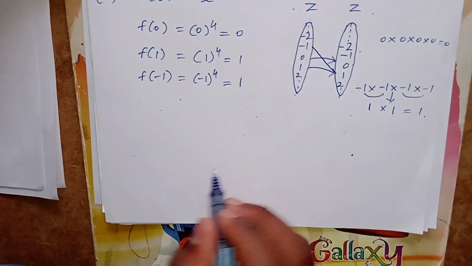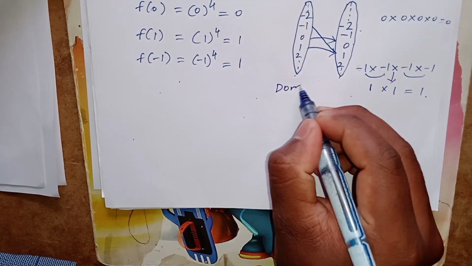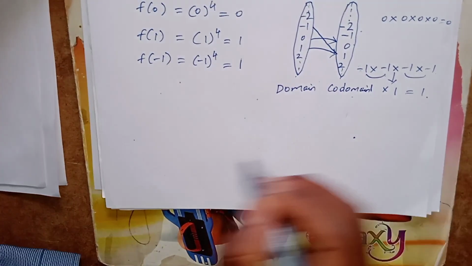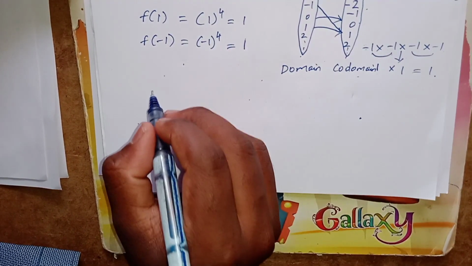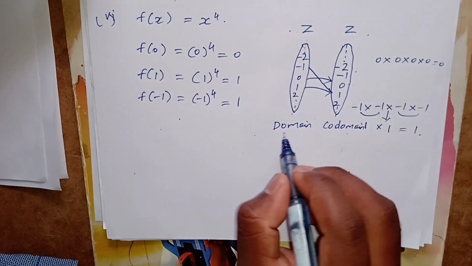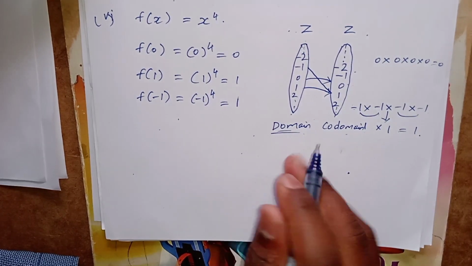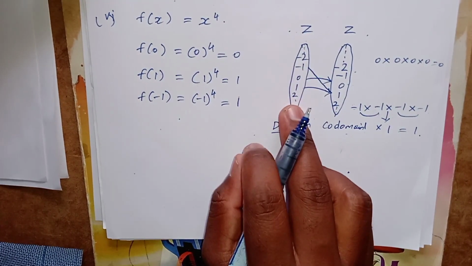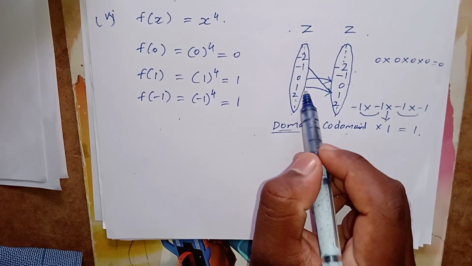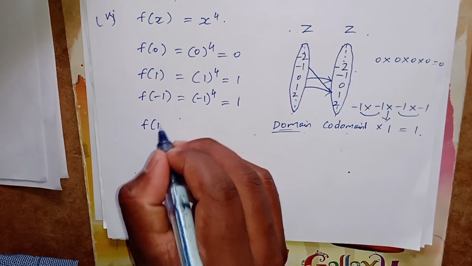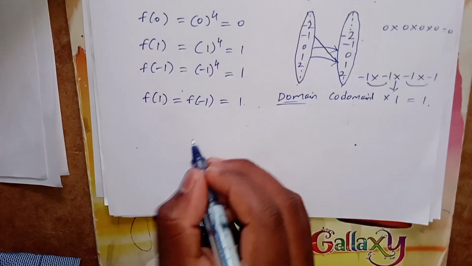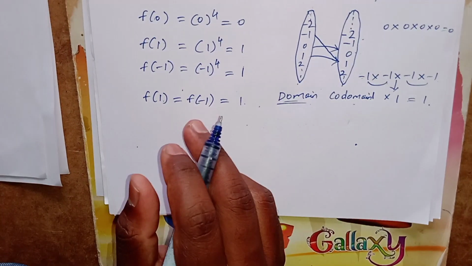Therefore, see here, domain, codomain. First, for checking whether it is a 1 to 1 function or not, we want to check the domain. In the domain, every term should be filled, and every term should have from 1 to 1 alone. But here f of 1 equal to f of minus 1, both have 1, the same value.